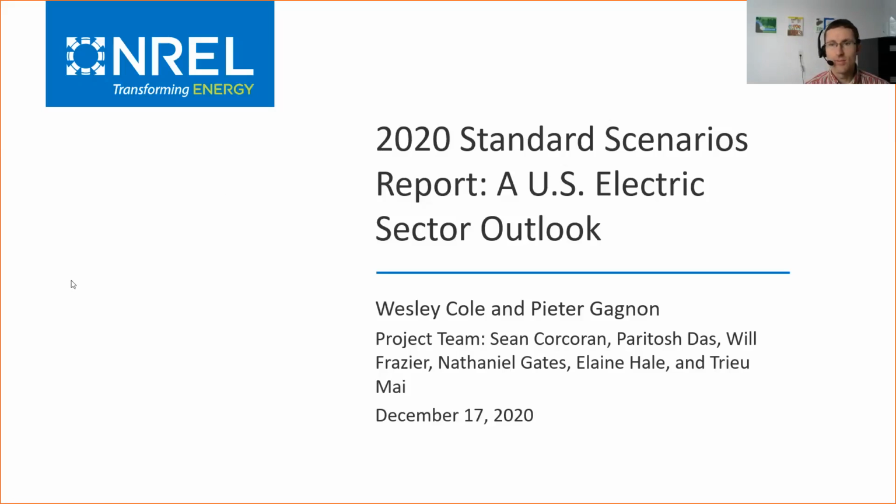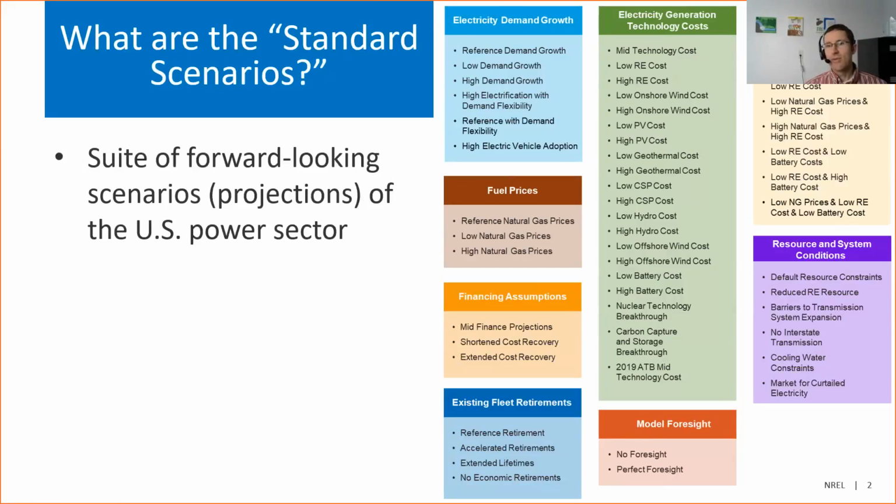We're going to start basic: what are the standard scenarios? This is the suite of forward-looking scenarios that we produce as part of the standard scenarios. This year we have 45 scenarios. Most of the scenarios stay the same from year to year, but we'll add new ones or take some away.